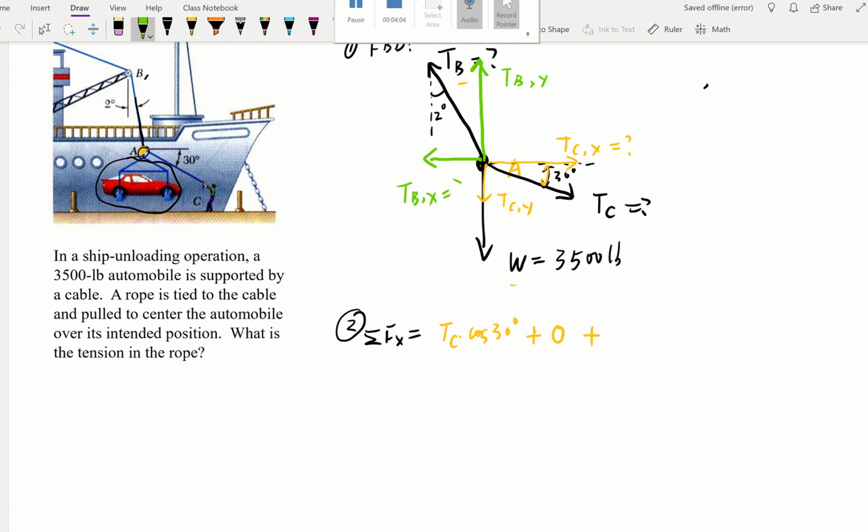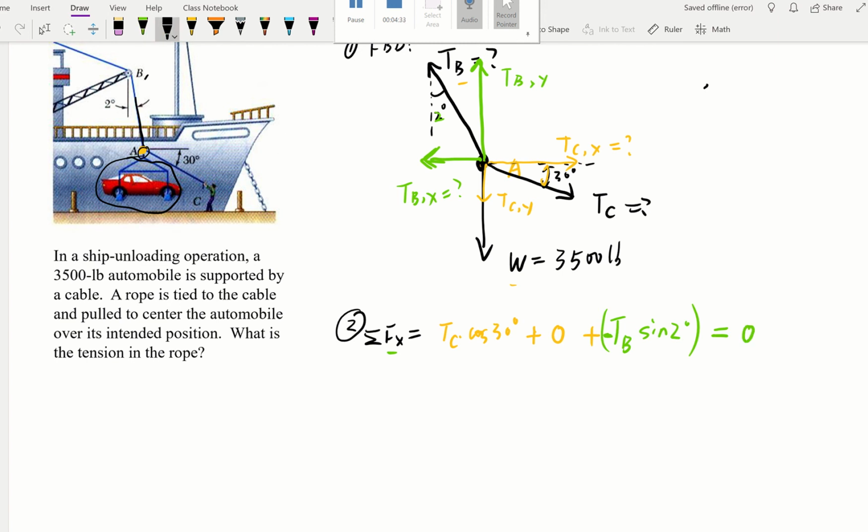Right now we are looking at the x component, and with respect to this 2 degree angle, it is opposite. So we're going to use TB times sine 2 degrees, and this is to the left, so it's going to be negative. So plus negative, and all three forces add up together to equal 0.